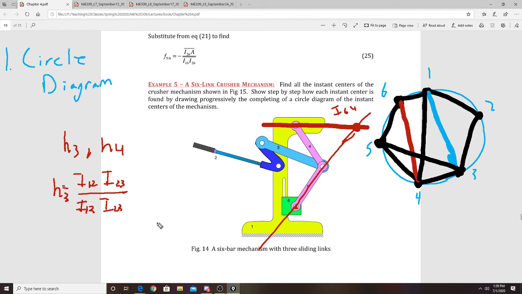These are things you don't need to know because they don't come into play in this equation. But if they ask you to find every instant center, then you should find every instant center. But for something like this, which has quite a bit of instant centers, I probably wouldn't ask you for all of them. I would just ask you for something like H3 or H4, which means you only need to find these. Does that make sense?